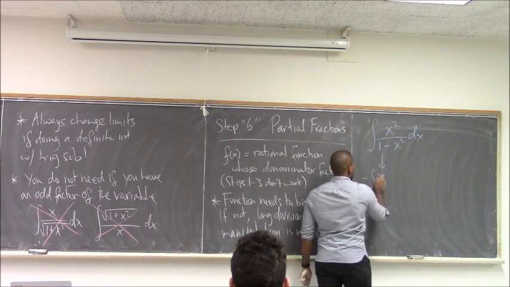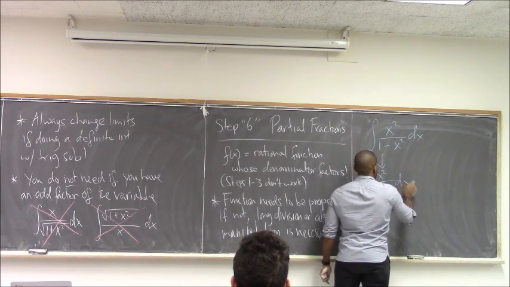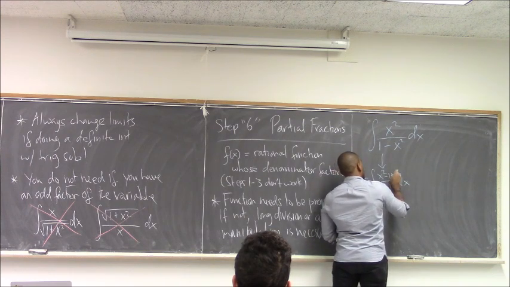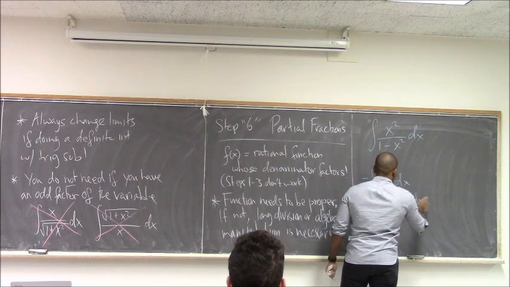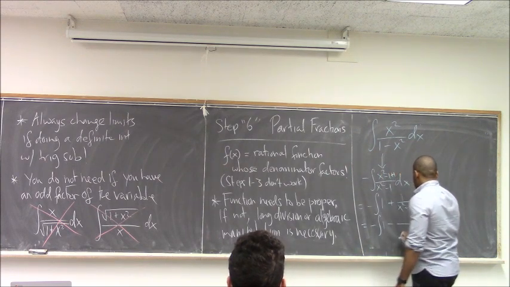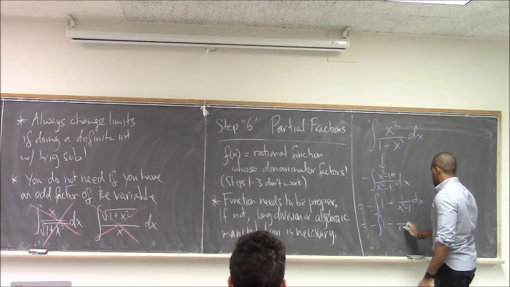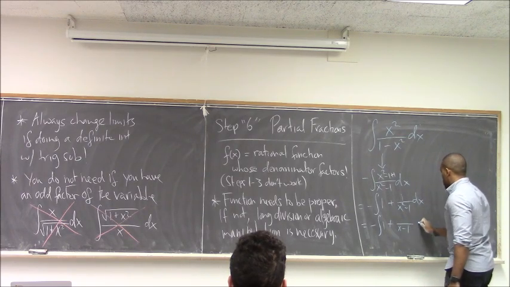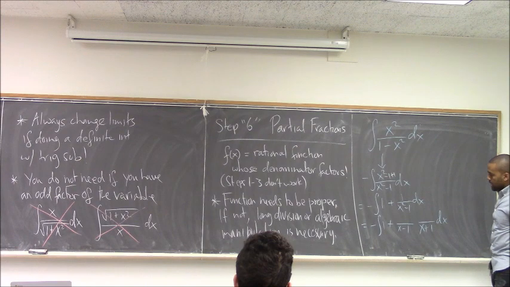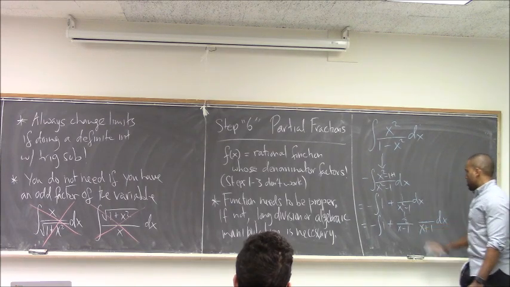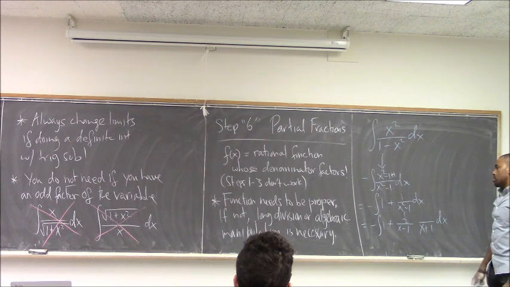I would factor out a negative, and then I would minus 1 add 1, and then that would be the integral of 1 plus 1 over x squared minus 1, which is x minus 1 times x plus 1, dx. If I cover up the x minus 1 and plug in 1, I would get a half. And if I cover up the x plus 1 and plug in minus 1, I would get minus a half.